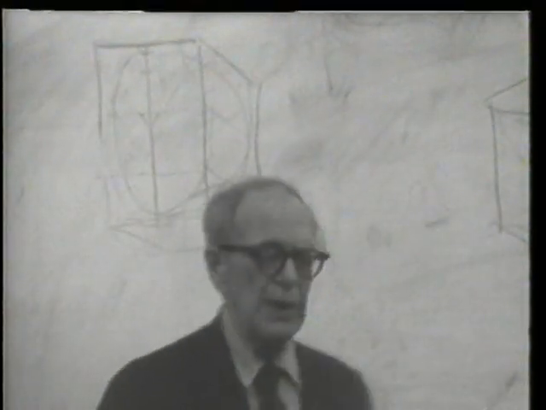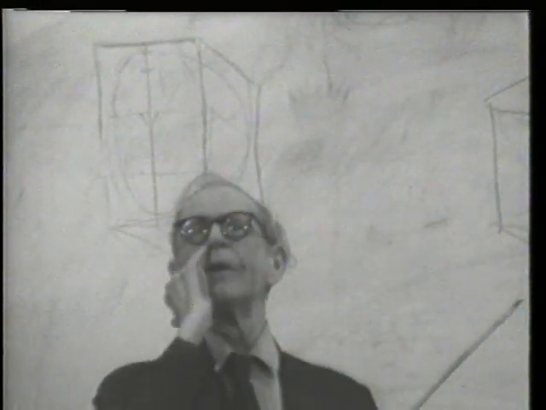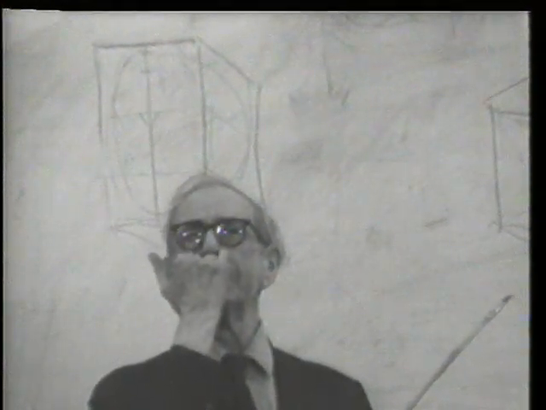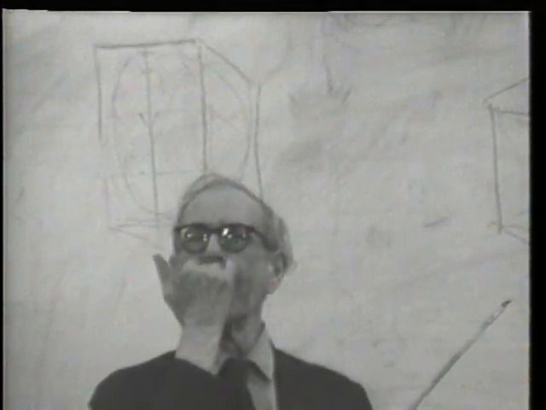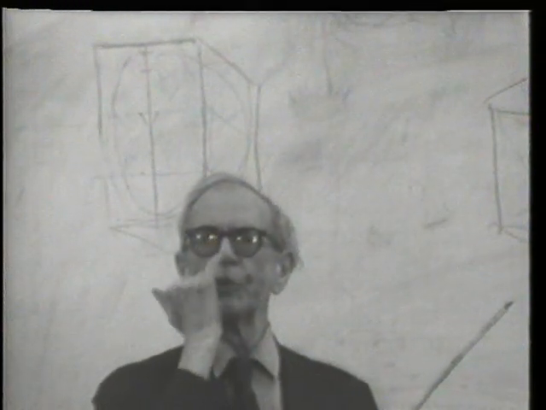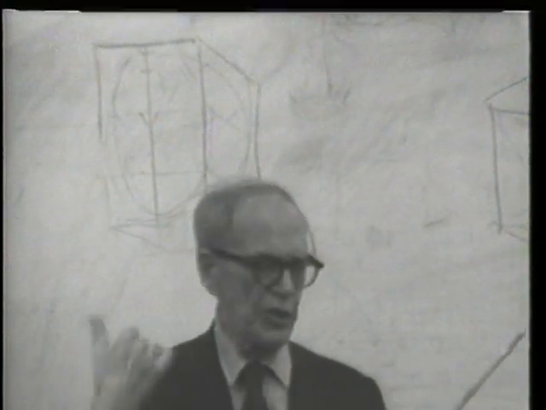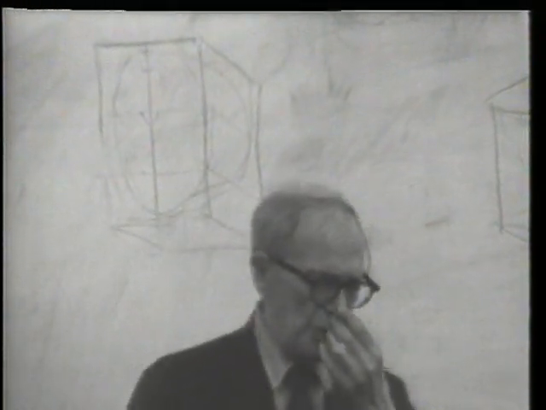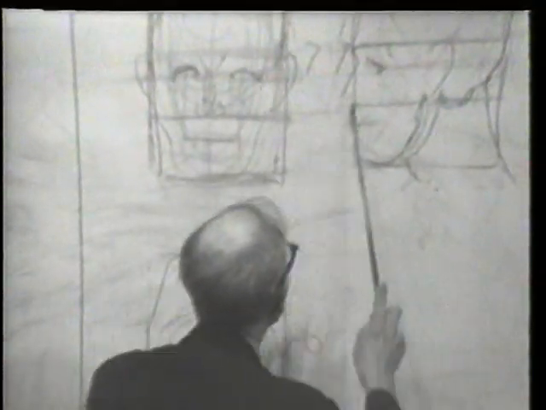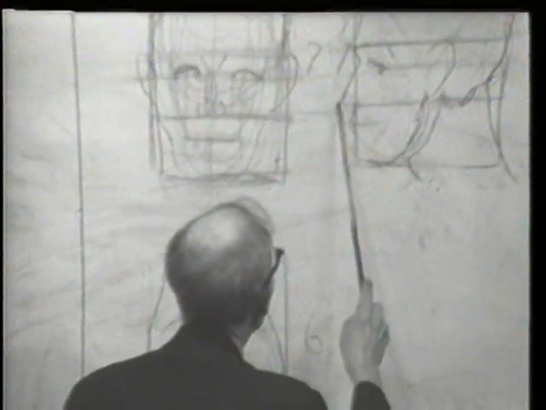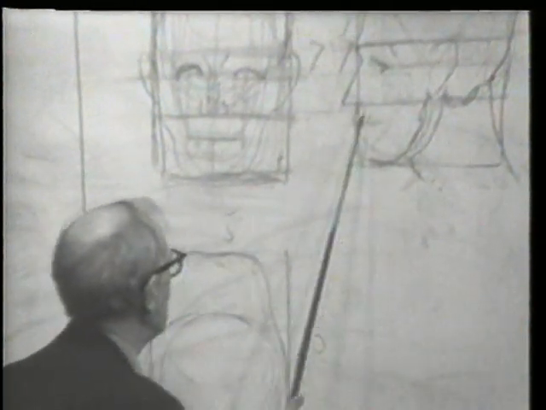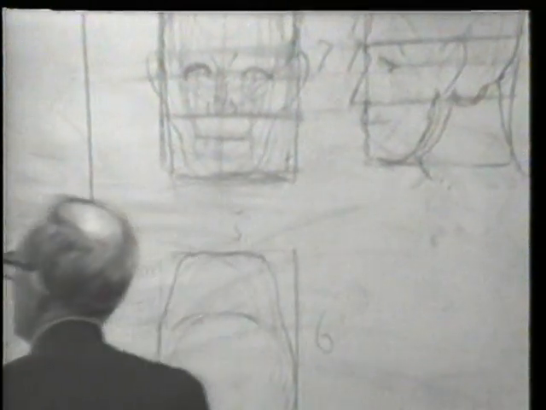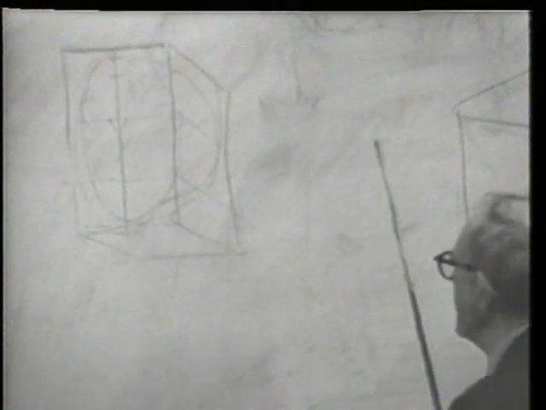Now, artists are aware that there's a little triangle under the nose, which in this school is called Dickinson's triangle, because Edwin Dickinson talked about it so much, I guess on this very problem. If we can get that, I think we can get the nose. To make this into a very simple pointed nose, we'd get that, and that would be the point of the nose. If we can get that line on that figure there, we can find the point of the nose.